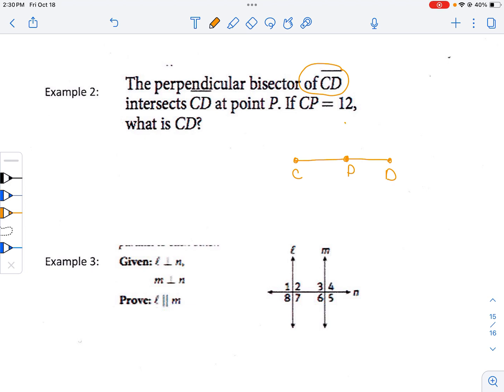It could be a segment, it could be a line, it could be a ray. Okay, I'm just going to draw that perpendicular bisector. Okay, CP is 12. They tell us that this part is 12. Because CD was bisected, that means that this is also 12. So when it asks for what is the length of CD, that's going to be 24, the full distance.